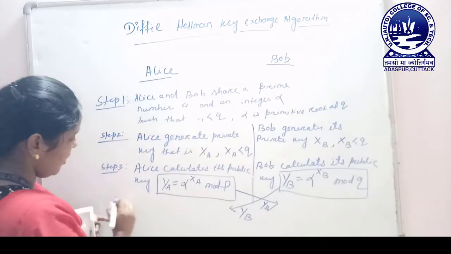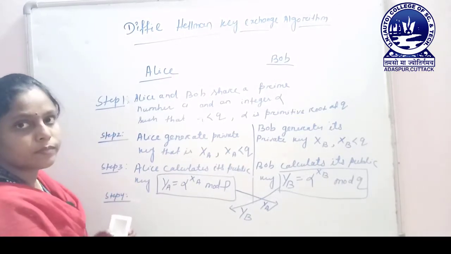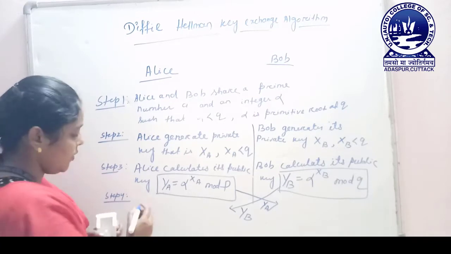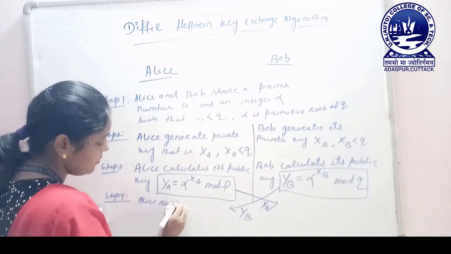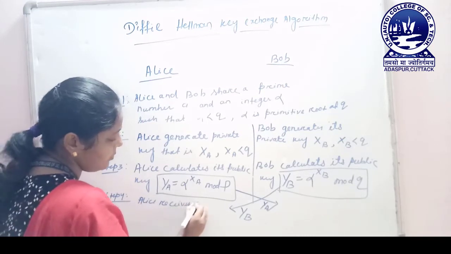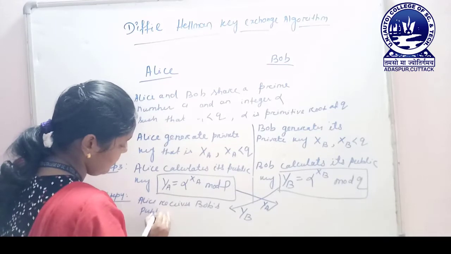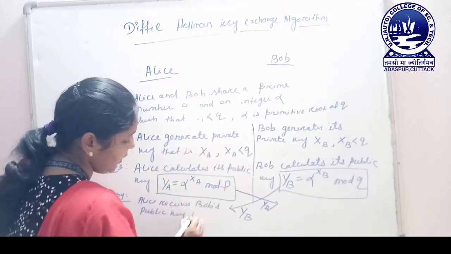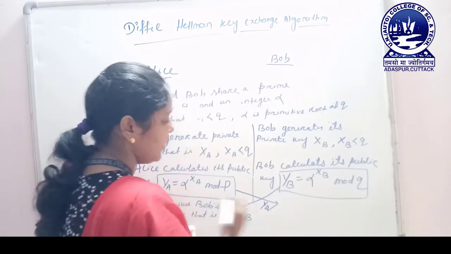That means in step 4, Alice receives Bob's public key, that is YB.